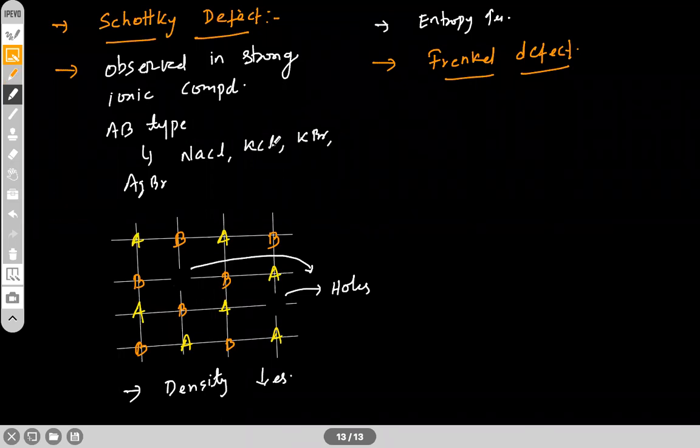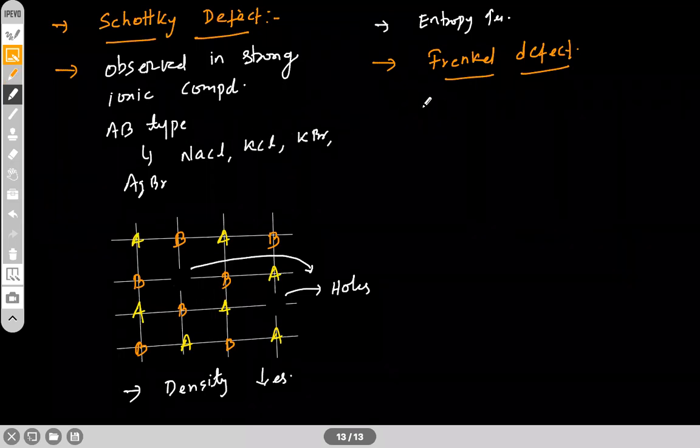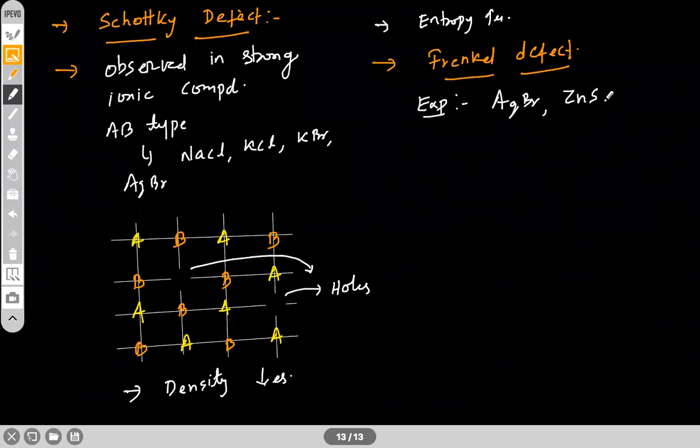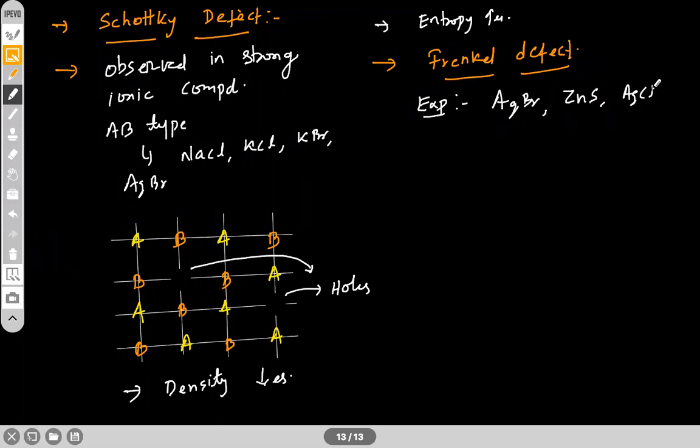Example of this type we have, like I said, AgBr. It shows both types of defect. We have ZnS also possible, AgCl, AgI. In all these molecules, this defect has been observed.